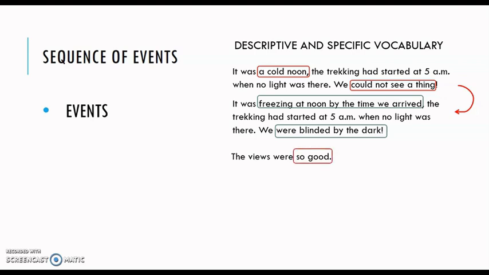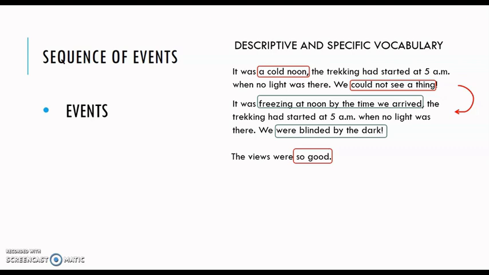The views were so good. We usually say that when writing a narrative essay, we should avoid basic words or basic adjectives like good, bad, nice. We have a great variety of adjectives to describe things, so we are going to replace this so good.